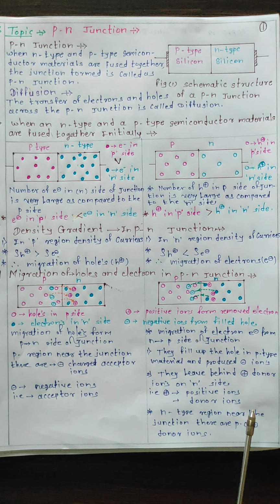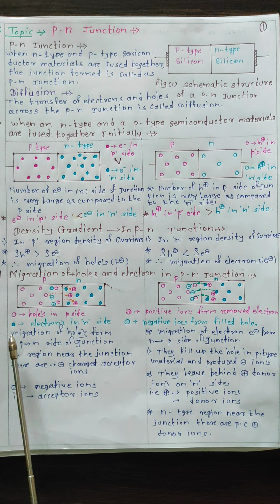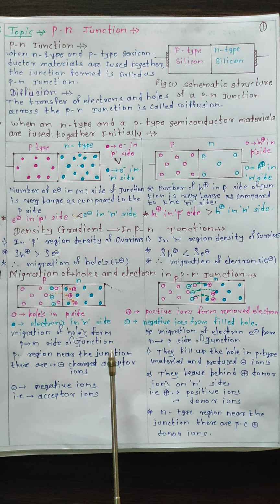And in the P region, with the migration of holes from the P to the N side of the junction, the P region near the junction gets negatively charged acceptor ions.